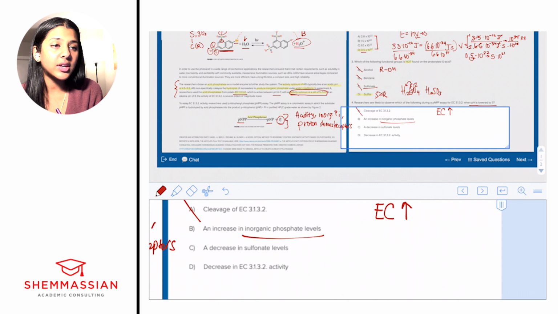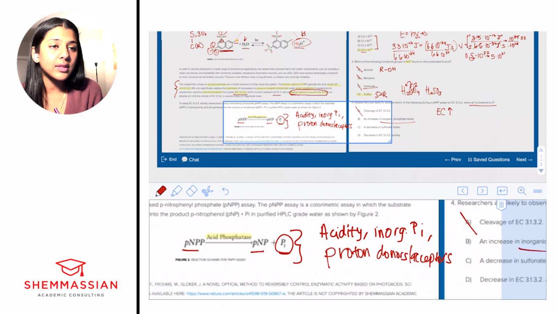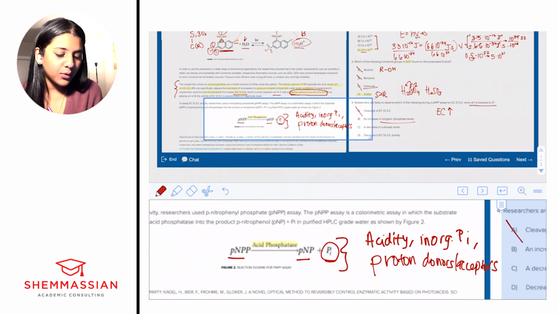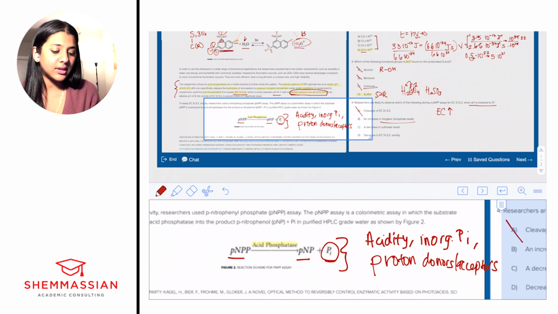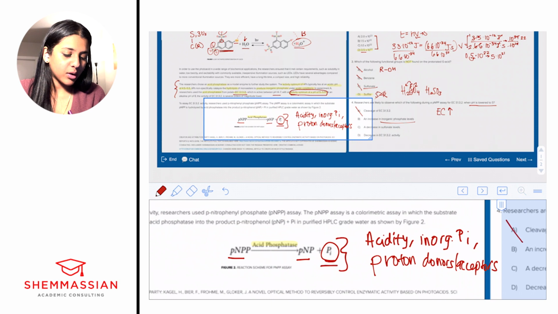C, a decrease in sulfonate levels. So sulfonate, which we just read earlier, looks like it's attached to the G acid, which is up here, but that doesn't seem to have anything to do with this reaction, which is what we're focusing on. So it doesn't look like sulfonate would be really relevant here, so we can cross that out.